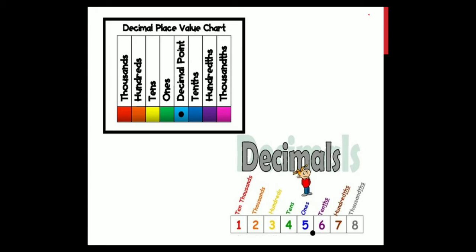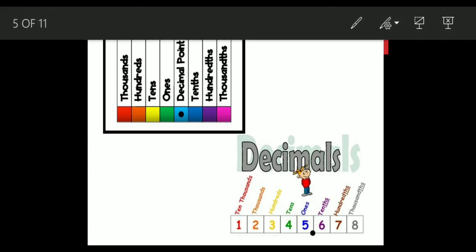Clear? As usual in 12345 the place values will be ones, tens, hundreds, thousands, ten thousands. After the point my place value will be tenths, that is 6 by 10. Out of 10 I have 6 parts. Out of 100 I have 7 parts.